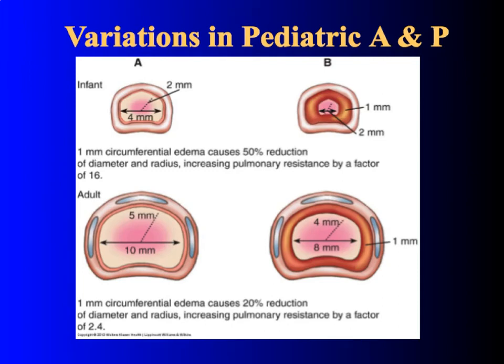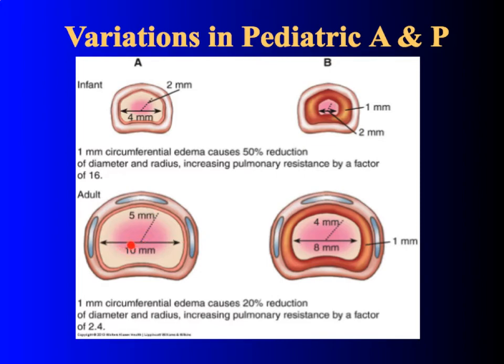This is one of the key differences between an adult and an infant in the respiratory system. In an infant, the trachea is only 4 millimeters wide by diameter and 2 millimeters by radius. In a normal adult, the trachea is 10 millimeters wide with a 5 millimeter radius.